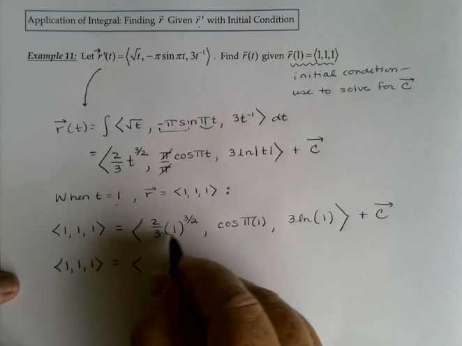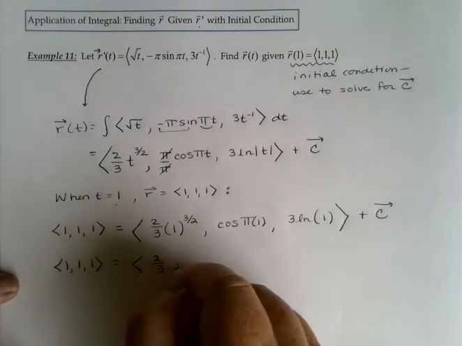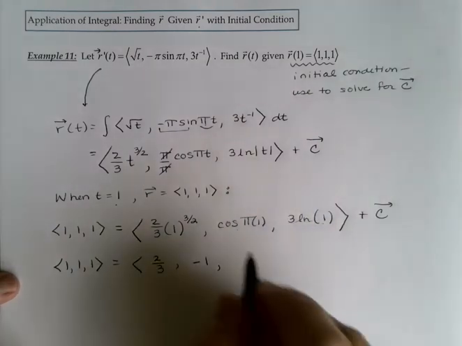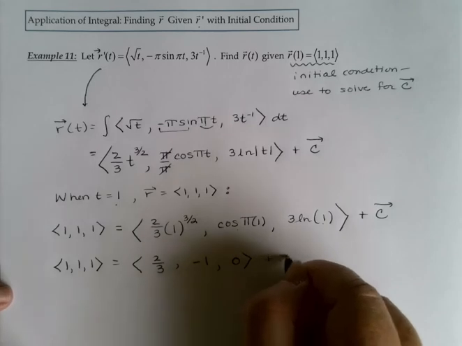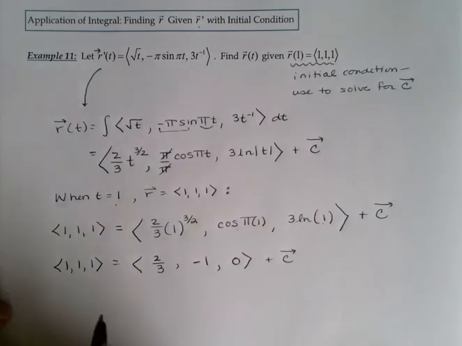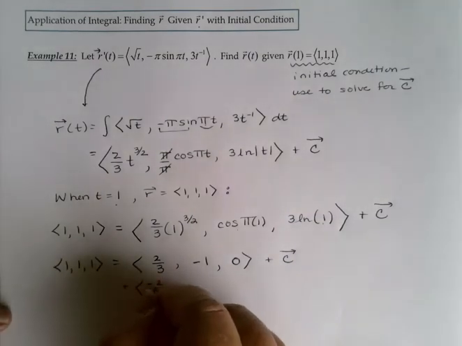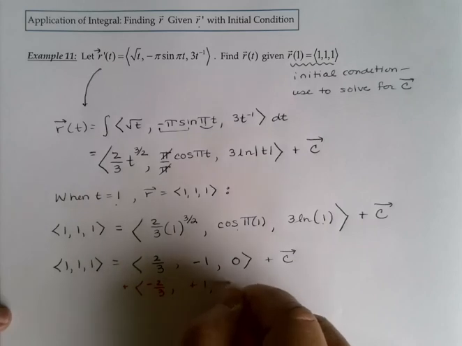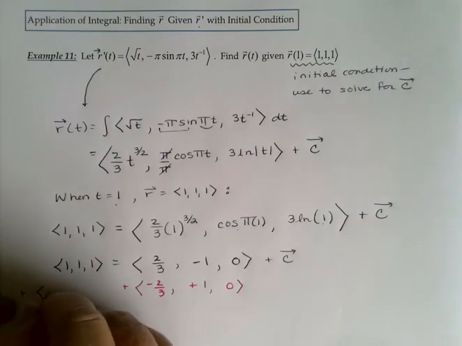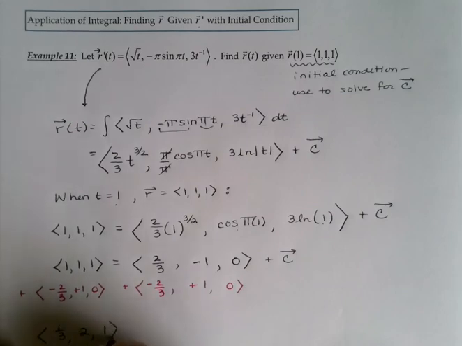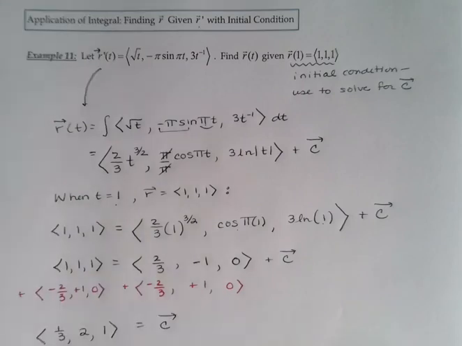So inside my vector, 2/3 times 1 is still 2/3. The cosine of pi is -1. And the natural log of 1 is 0. So if I simply get rid of this vector by adding a -2/3, a +1, and a 0 to both sides, I'm going to get 1/3, 2, 1 as my value of c.